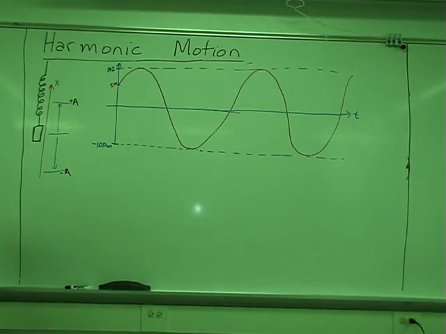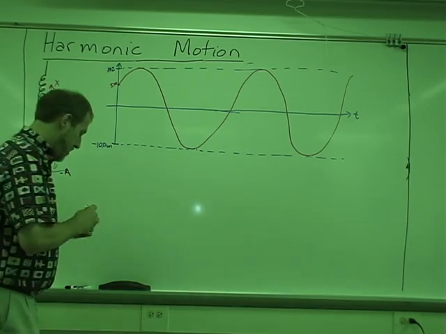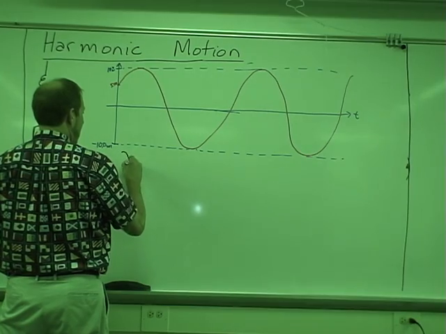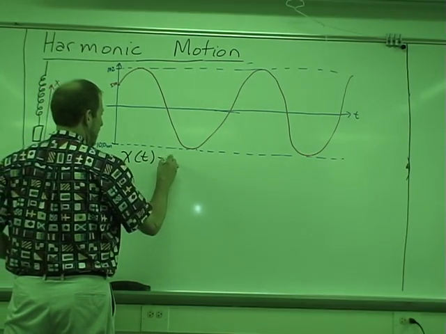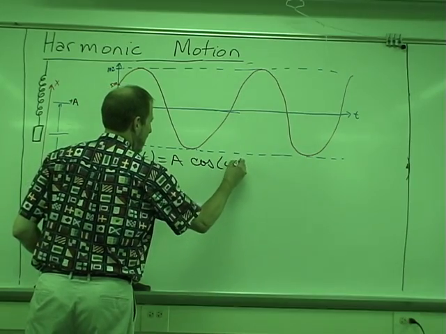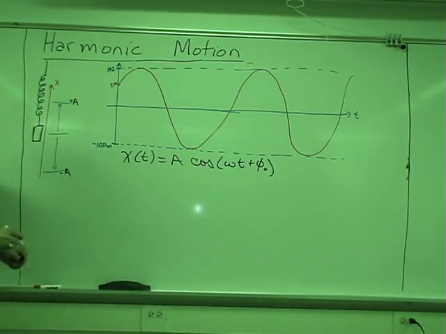Well, I know that it's going back and forth between plus and negative 10 centimeters. So, from doing that, I can look at this and say, okay, I want this function to map onto that form. How can I do that?